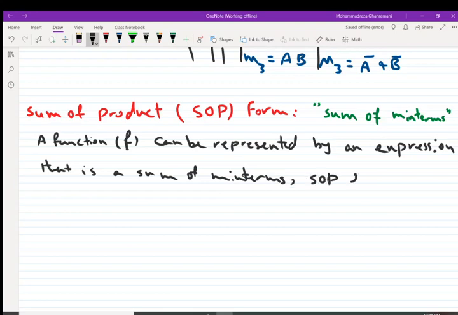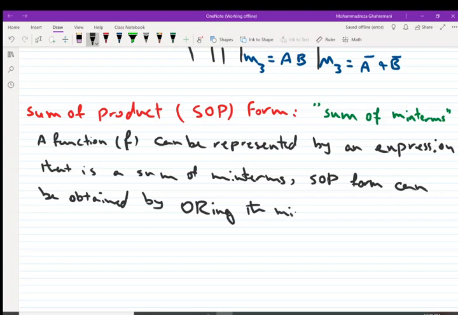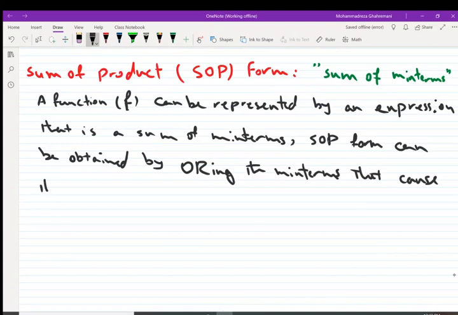Sum of product form can be obtained by ORing the minterms that cause the output to be a 1.